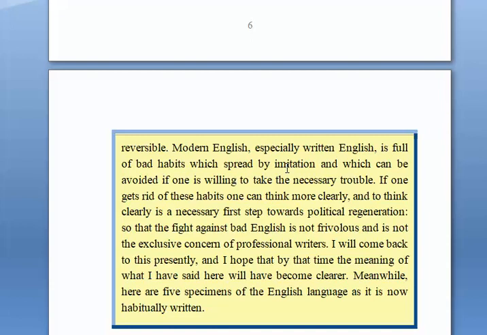If one gets rid of these habits, one can think more clearly, and to think clearly is a necessary first step towards political regeneration, so that the fight against bad English is not frivolous and is not the exclusive concern of professional writers.